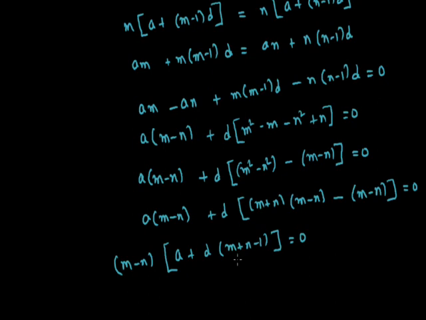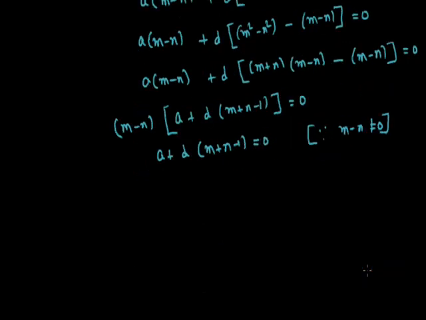Now m minus n is not equal to 0, so we can write a plus d times (m plus n minus 1) equal to 0. Now this is which term? The (m plus n)th term. So the (m plus n)th term is equal to 0. So this we have to prove.